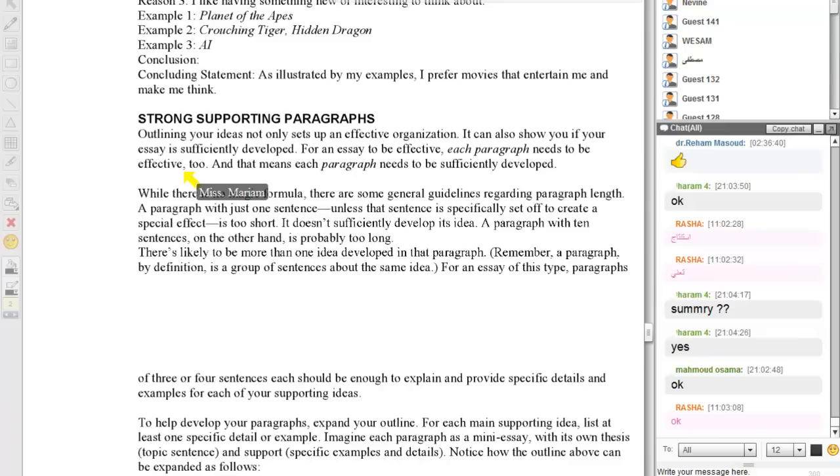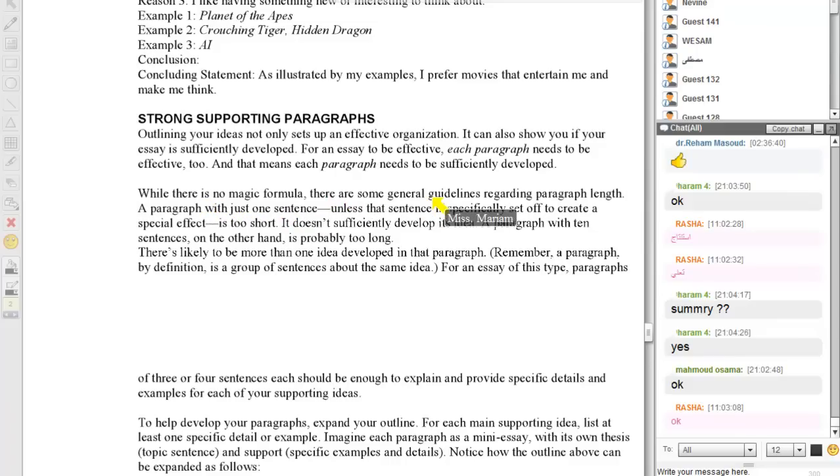For an essay to be effective, we have to make effective paragraphs in order to form an effective essay. That means each paragraph needs to be sufficiently developed. Care about your ideas' development.